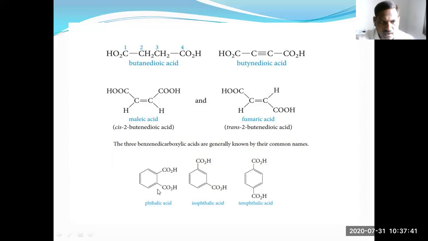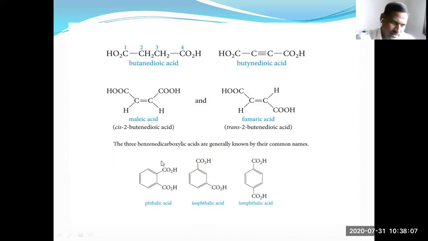These are the ortho positions. This is the meta position, 1,3 positions, isophthalic acid. Whereas with two carboxylic acid groups at 1,4 positions, the common name of this aromatic dicarboxylic acid is terephthalic acid.